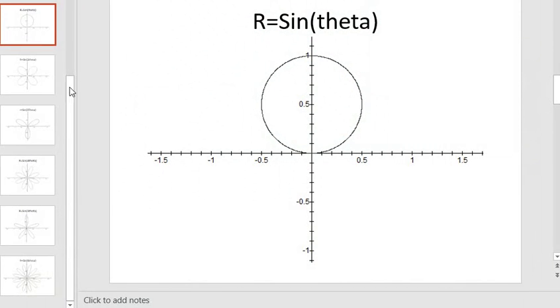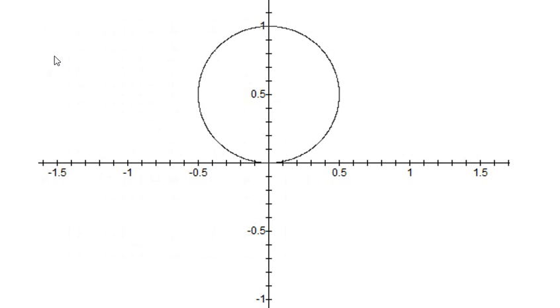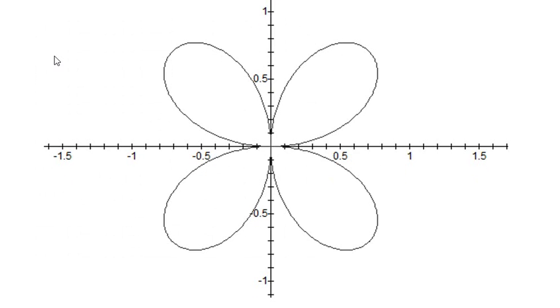Okay, so let's take a look at the sine graph. Now, what we've been working with was the cosine. Are things going to be much different for the graphs of the sine? Not really. The only difference is exactly where these leaves are located. Now let's compare this one here to the graph of cosine of 2 theta.